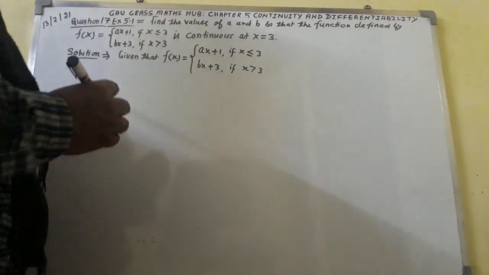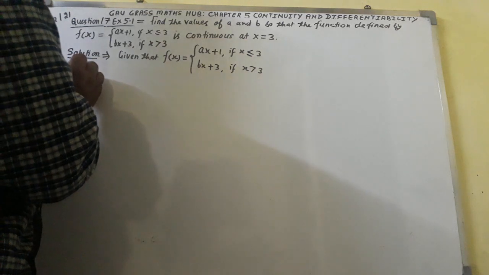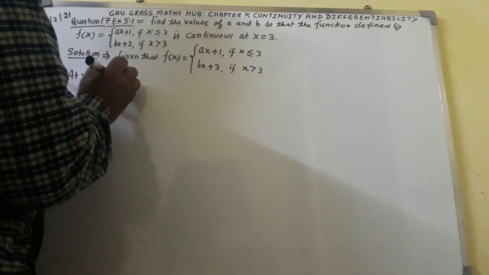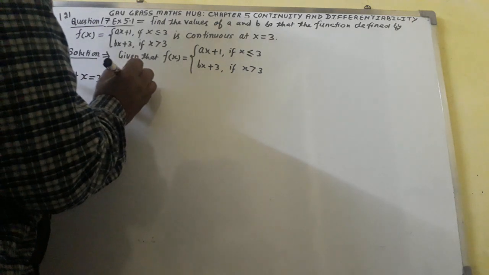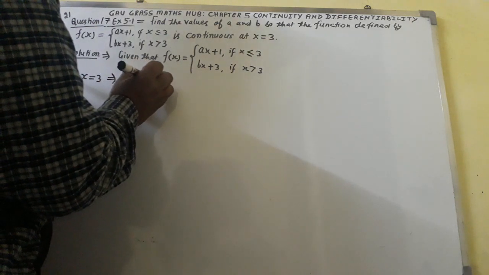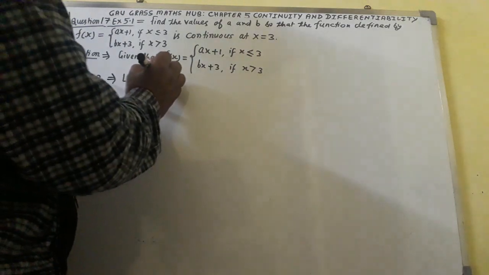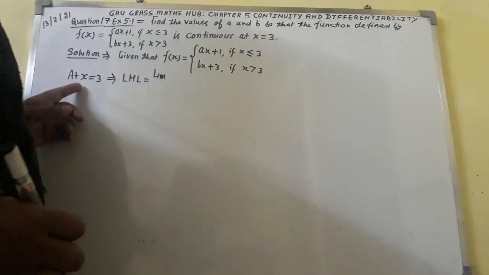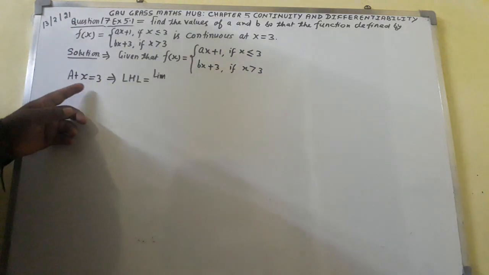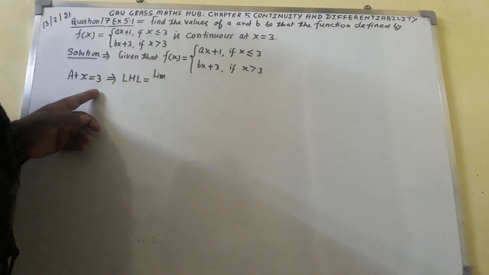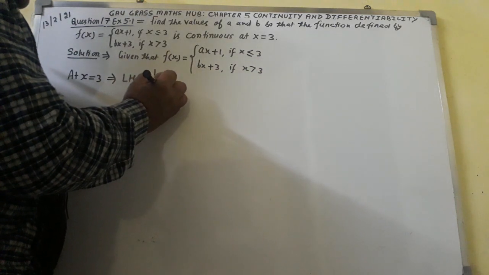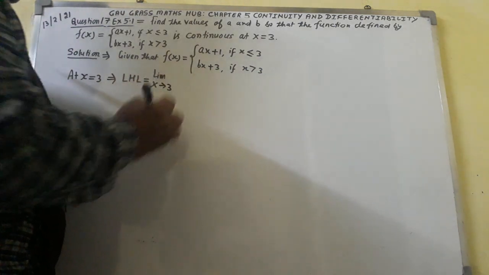So here I shall write: at x equal to 3, left hand limit equal to lim x tends to 3 negative of f of x.